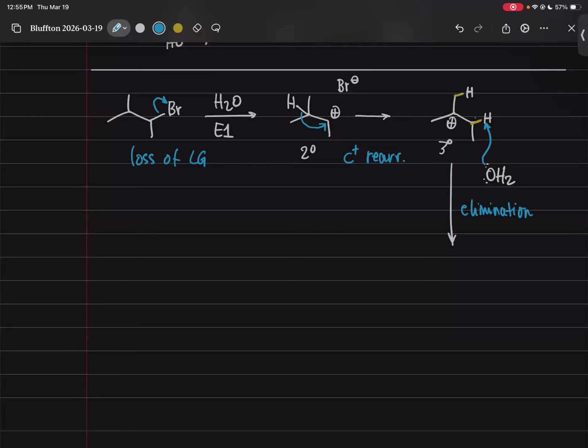Deprotonate that hydrogen, and then the bond that was holding the hydrogen onto the molecule comes down to form a double bond, and that is our alkene elimination product.